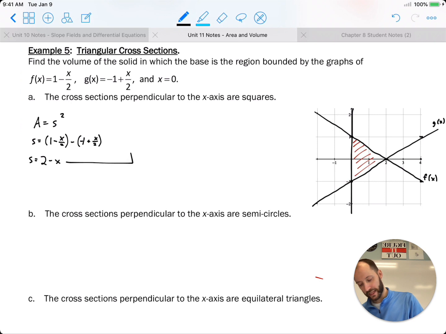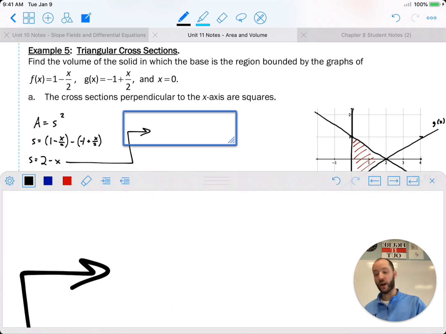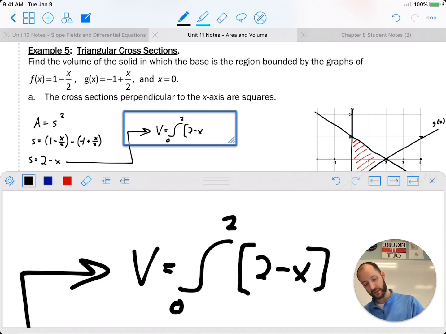So using that side, the volume will be the integral from 0 to 2 of the side, 2 minus x, squared dx.